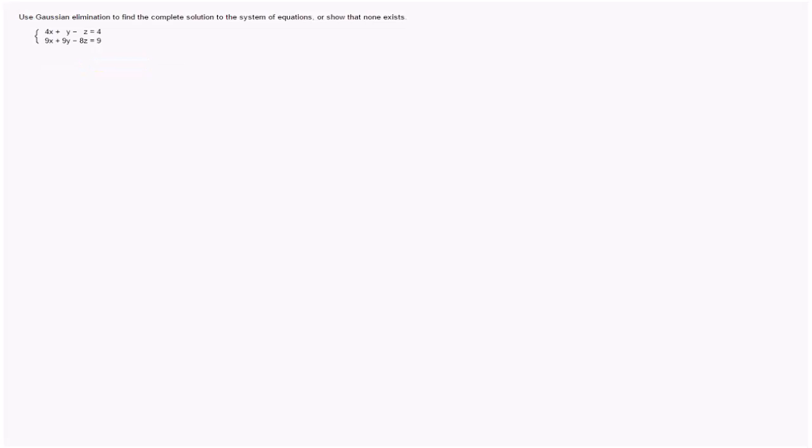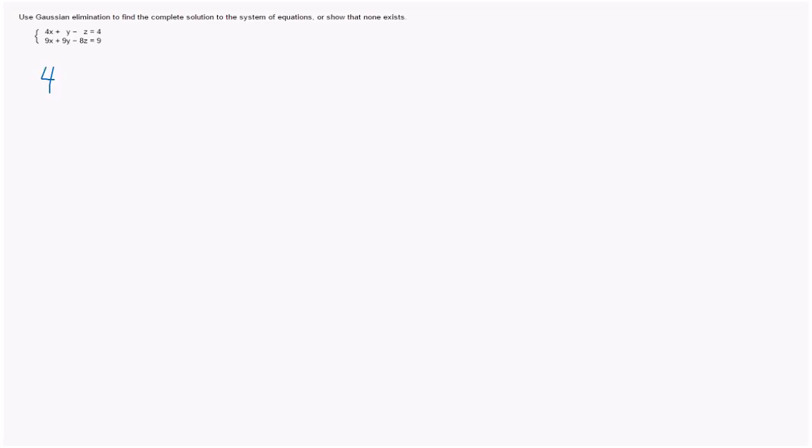So the first thing that you want to do when you're solving a system of equations in three variables is set up your matrix, and you want to make sure that your x coefficients and your y coefficients and your z coefficients all line up. So for my first row, I'm going to have 4.